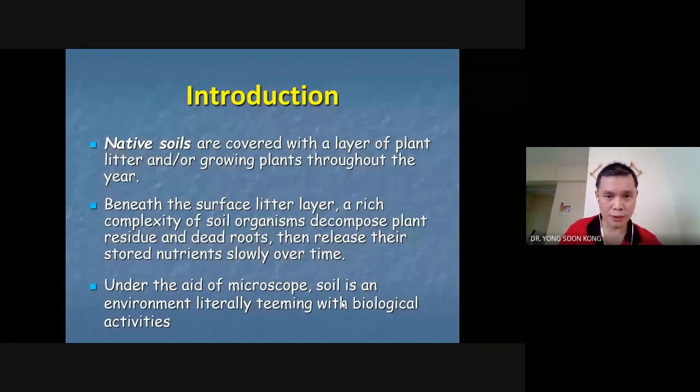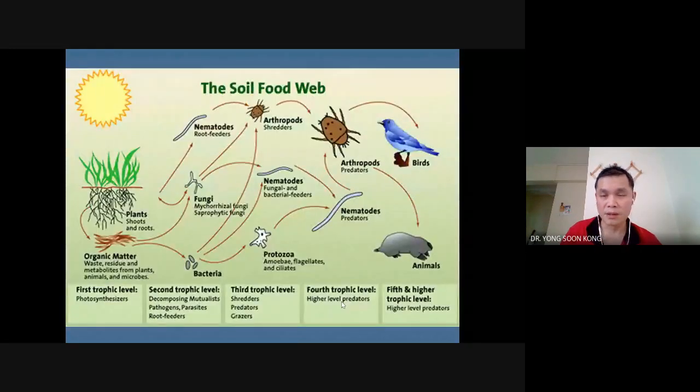But for this slide, we're only going to learn about the living things, and it's called soil biology. This diagram shows you clearly why they are so important, because when we learn about the food web inside the soil, organisms play a major role in nutrient recycling.